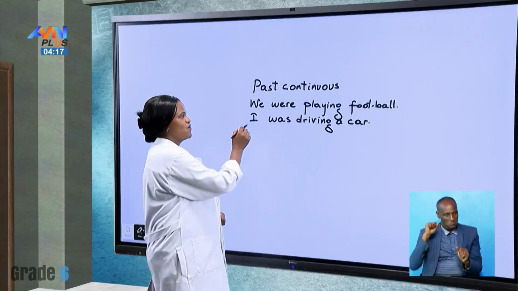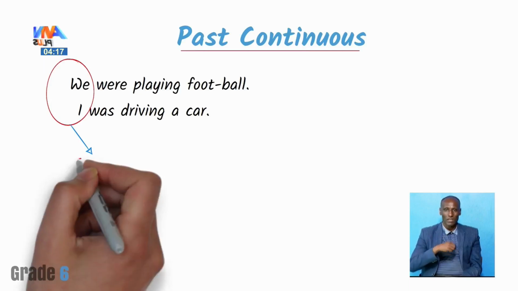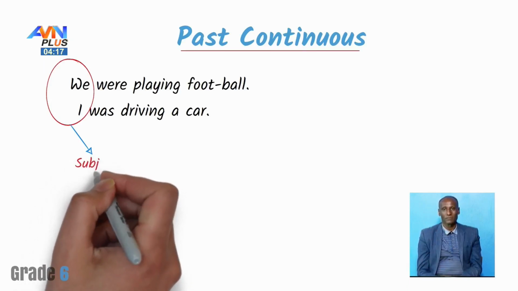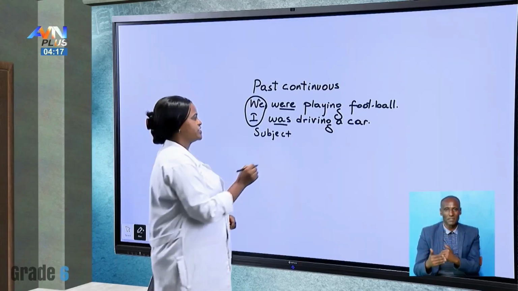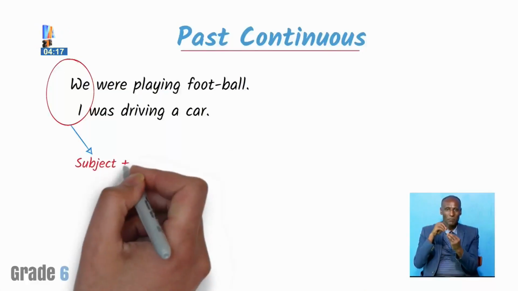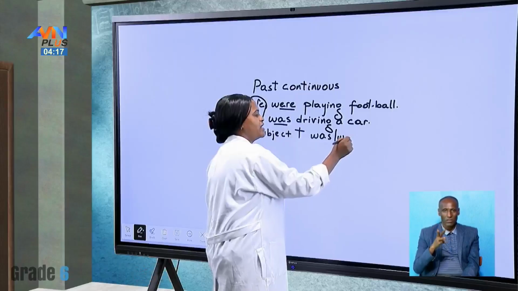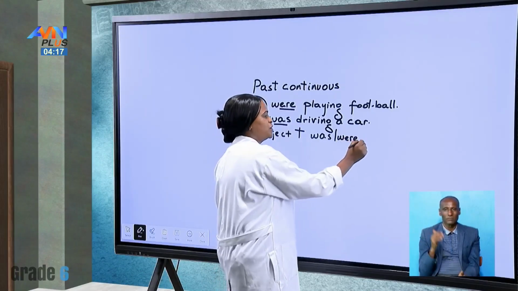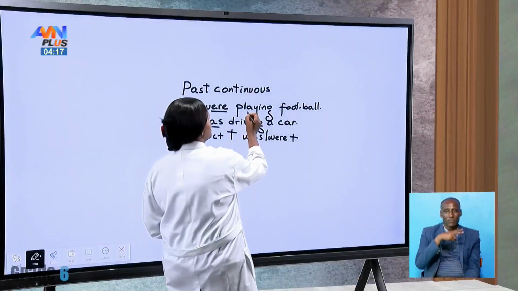In these sentences, we begin with a subject, right? Then what comes after the subject? The past auxiliaries was or were, right? Then what type of verb do we use?